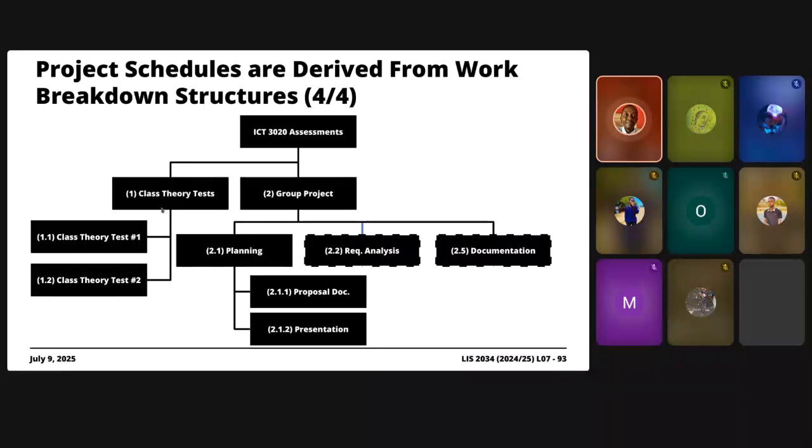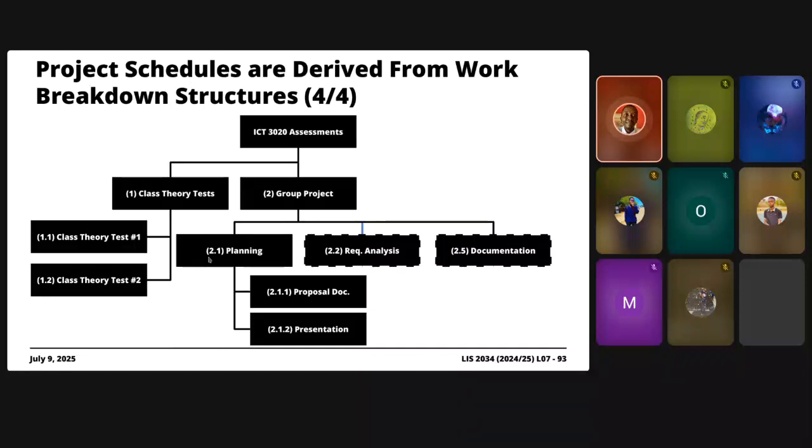And then everything that is derived from test, the enumeration is going to latch onto the class theory test summary task. So class theory test number 1 will be enumerated as 1.1, and class theory test 2 will be 1.2. If you have subtasks that are derived from level 3, because the project is level 1, summary task is level 2, what follows is level 3.